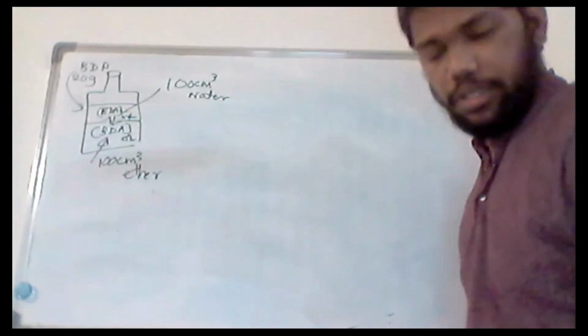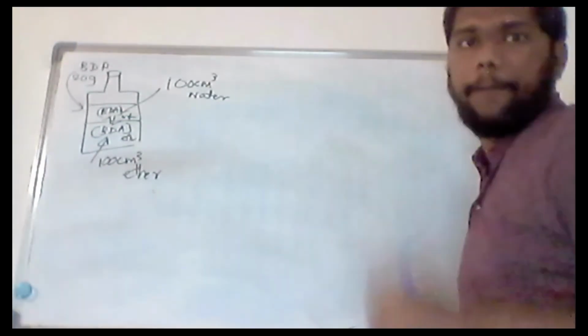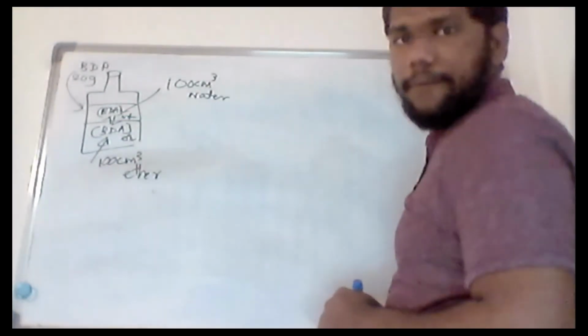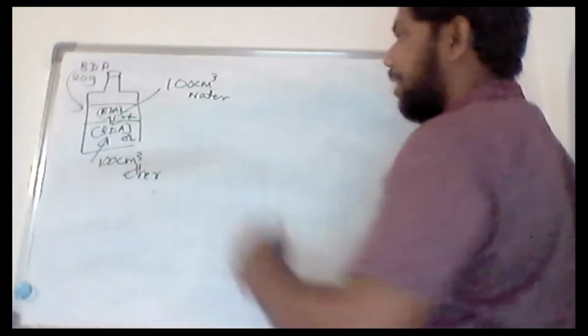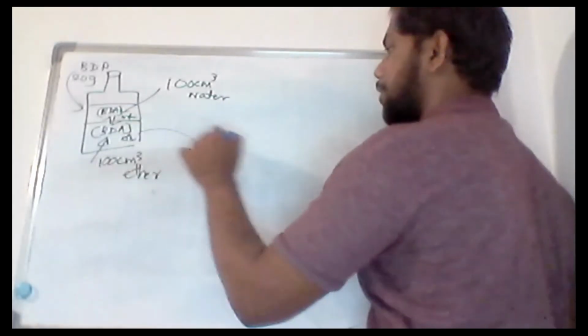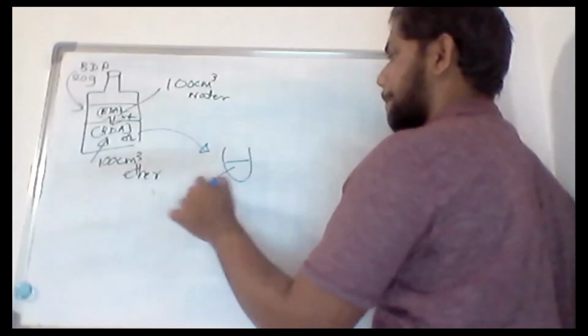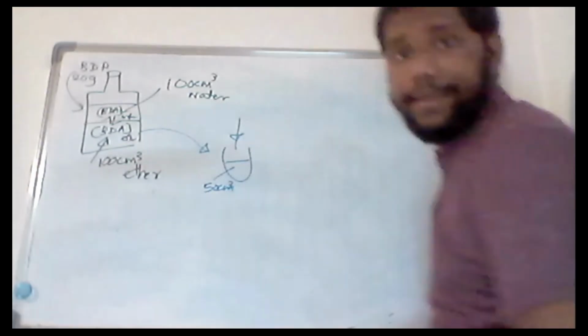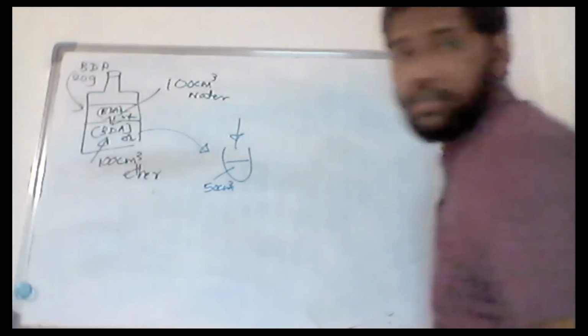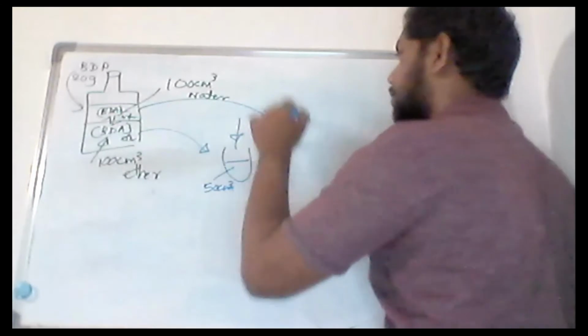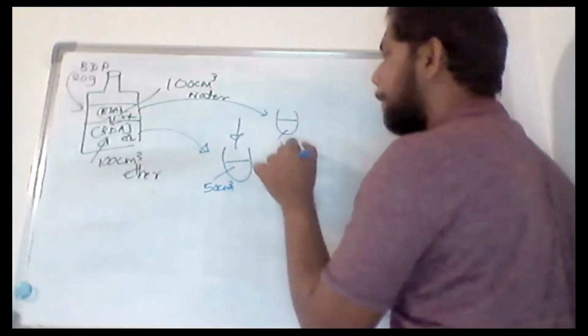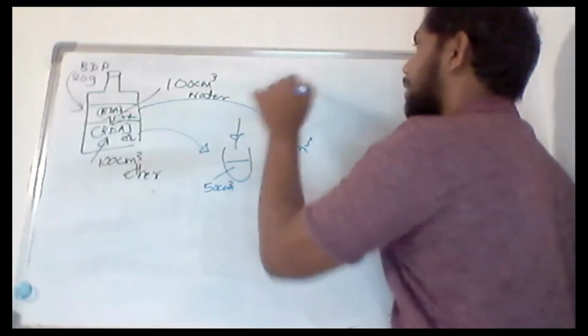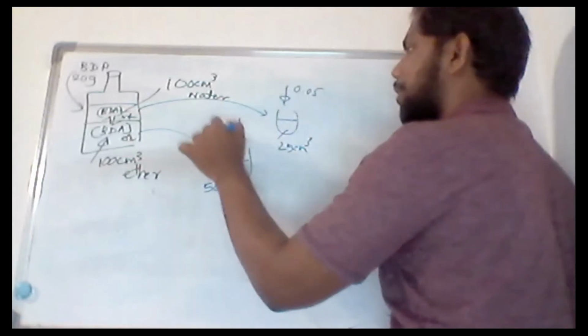Then what they have mentioned here: they take 50 cubic centimeter from the ether, and 25 from water, and titrate with 0.05 M NaOH.